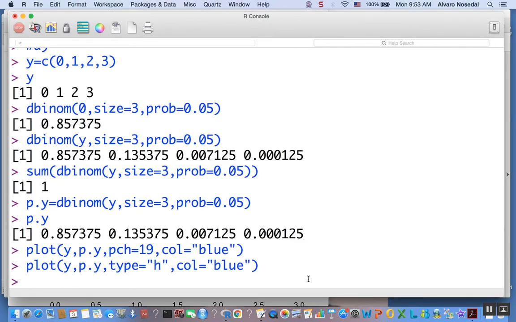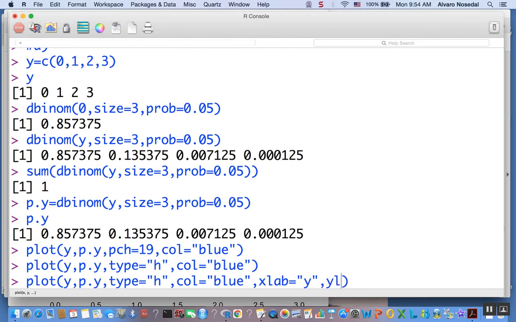Now let's make it look a bit nicer. Let's add some labels. So for instance, for the horizontal axis, how about y? For the vertical axis, and this stands for label for the x-axis, label for the y-axis, this one is going to be the probability of y.